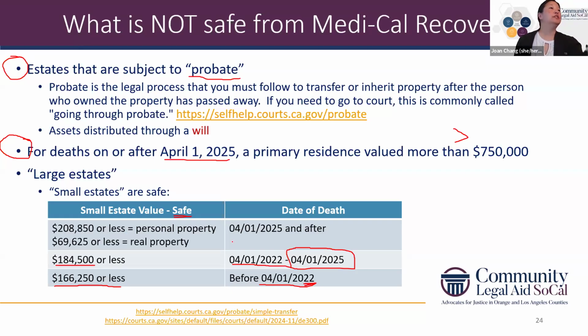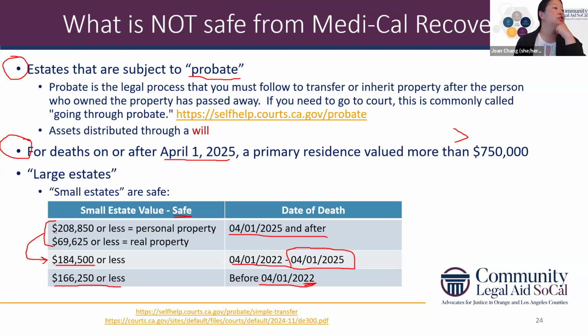And the good news is, if you pass away on or after April 1 of last year, they break it down into personal property and real property, but this amount is way higher than what used to be the amount, which is great. California law has expanded in defining what a small estate is.